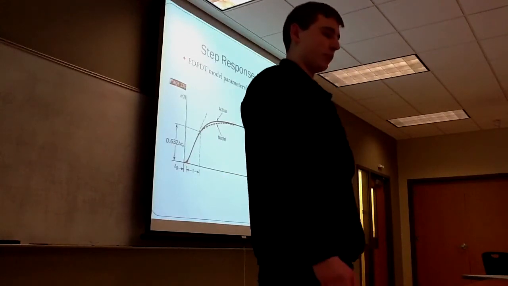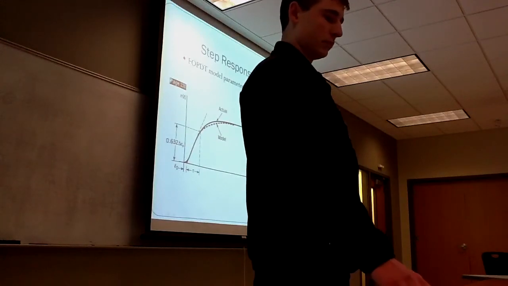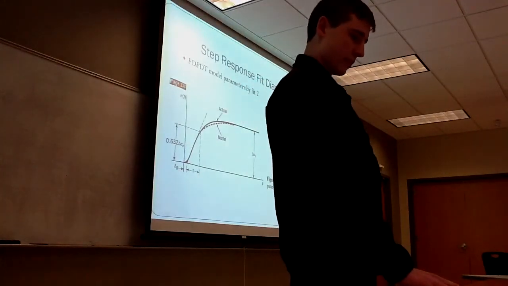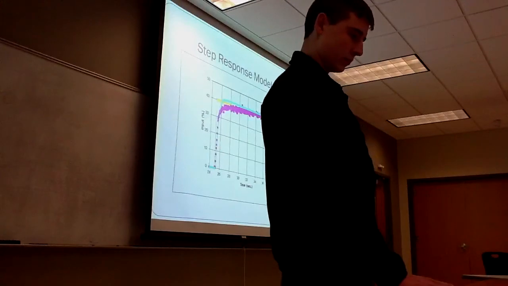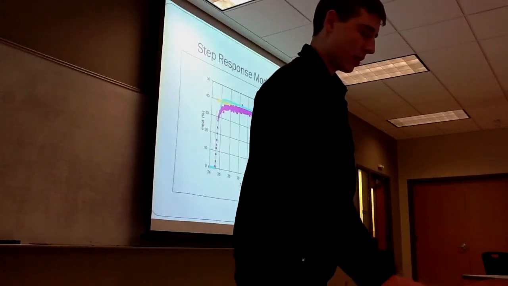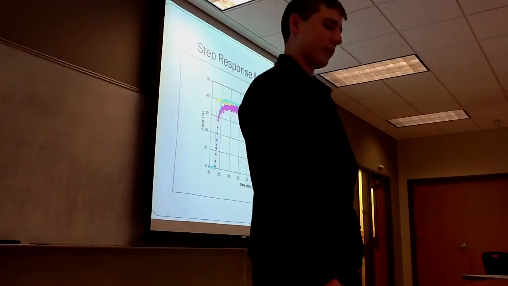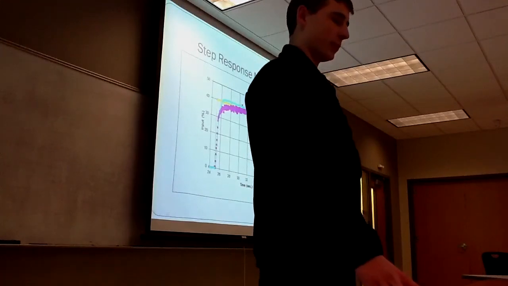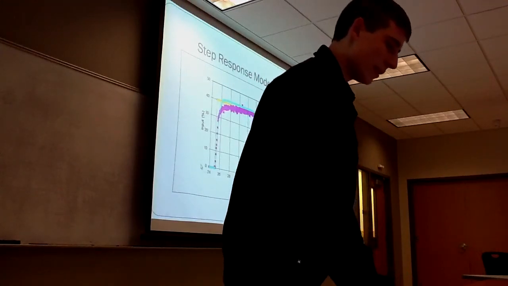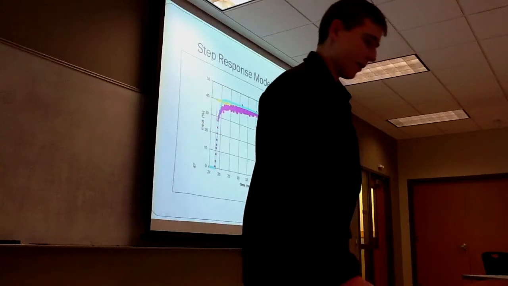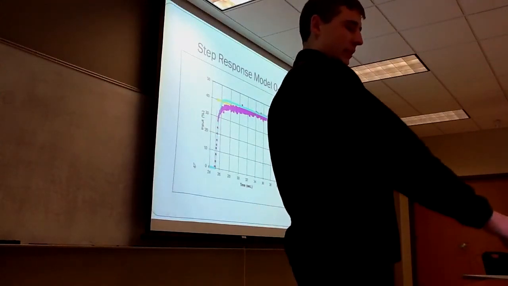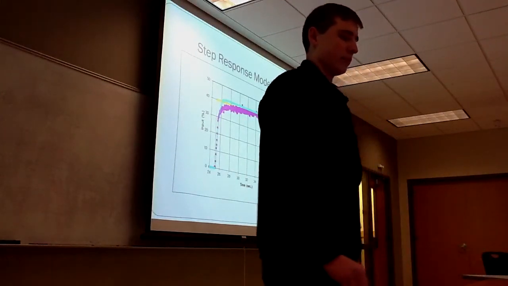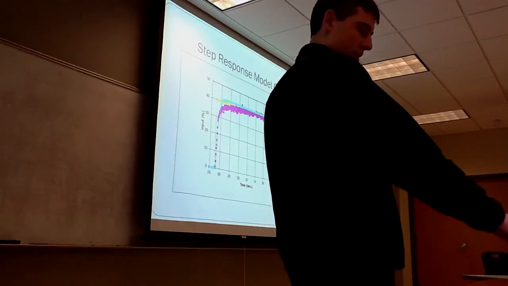We use Fit2 for the modeling. Here's our modeling for the low end of the graph, which is 0 to 40%. And our dead time isn't as much for 0 to 40%.